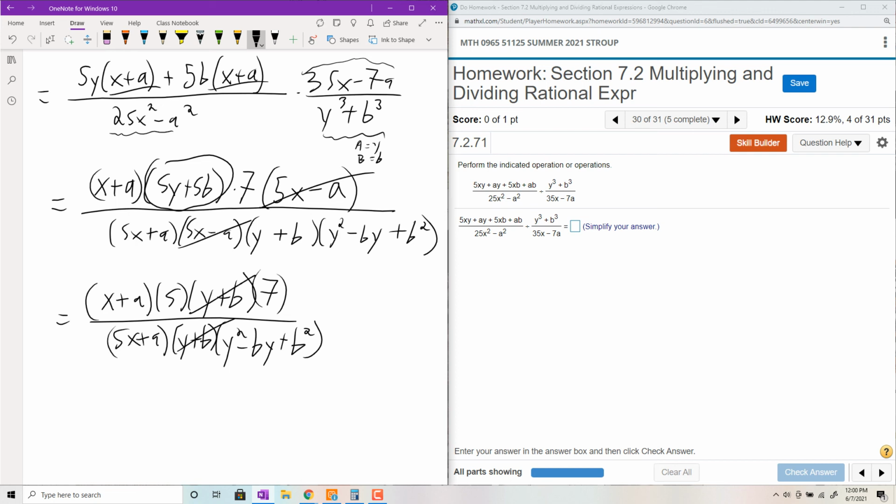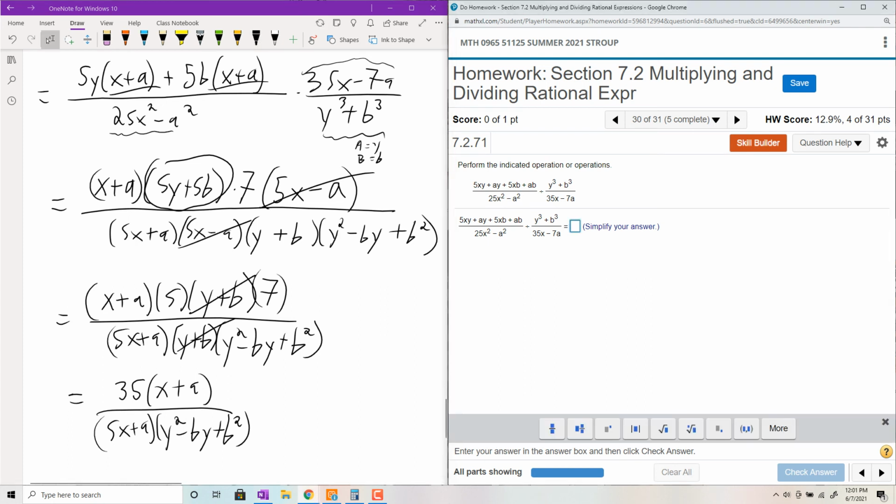So the y plus b's are gone. And I guess that would be about it. So we get 35 times x plus a all over 5x plus a times y squared minus by plus b squared. I hope that's it.